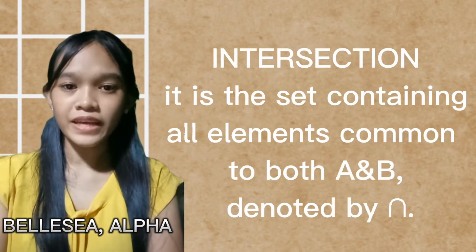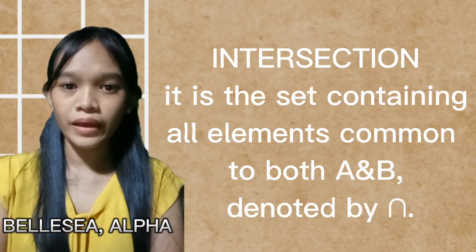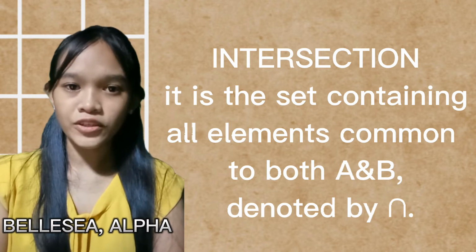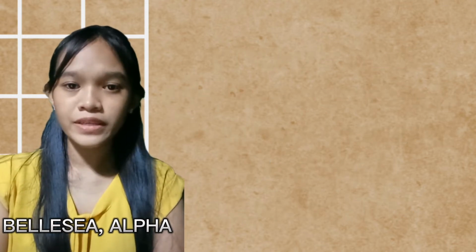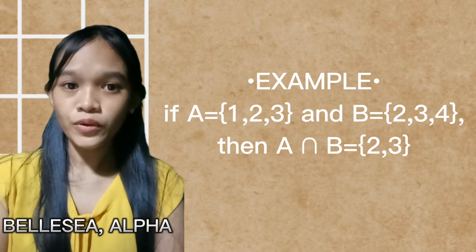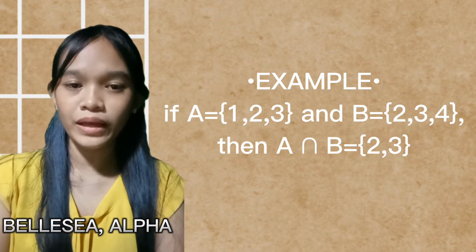Next is intersection. It is the set containing all elements common to both A and B, denoted by an upside-down U, or ∩. For example, if set A equals {1, 2, 3} and set B equals {2, 3, 4}, then A intersection B is equal to {2, 3}.